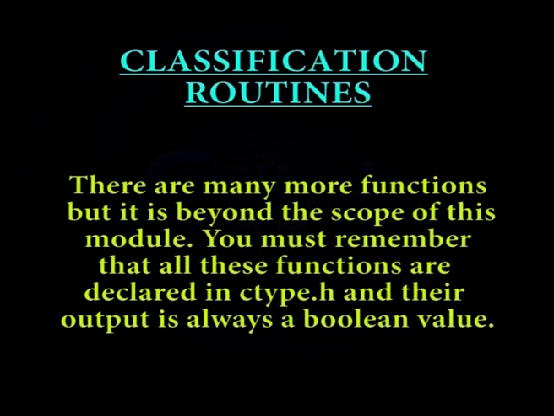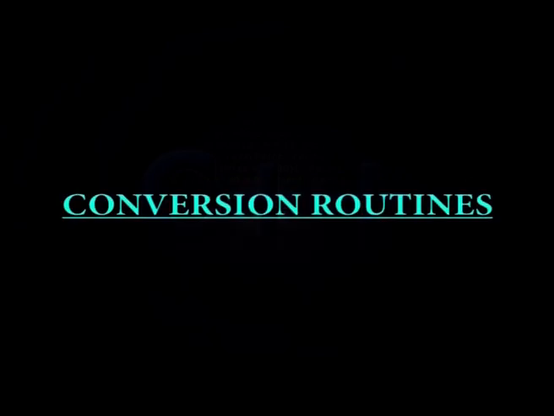There are many more functions, but they are beyond the scope of this module. You must remember that all these functions are declared in ctype.h and their output is always a Boolean value.